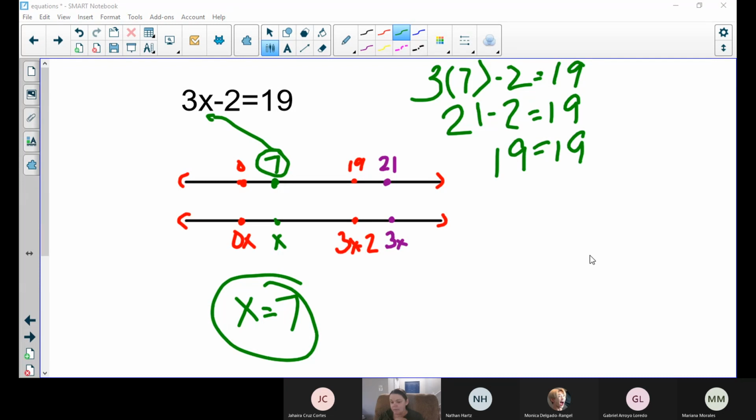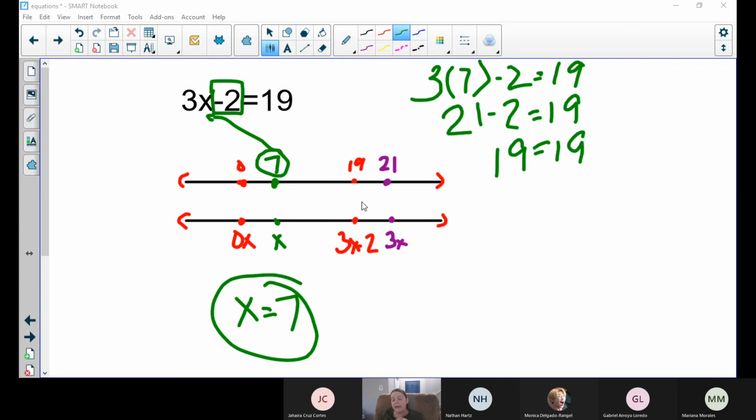Okay, why did we add 2 to the number line? So do you see in the original equation, Nathan, how we have a minus 2 here? Okay.